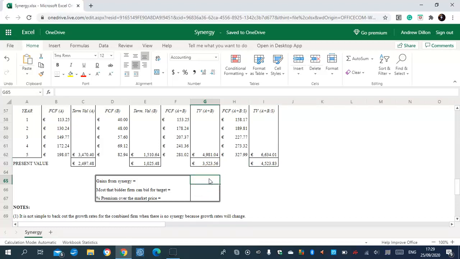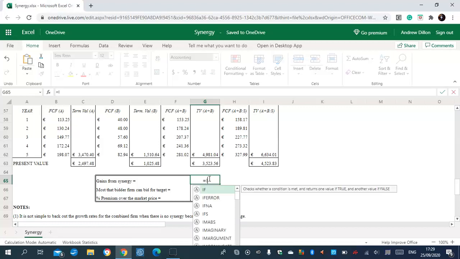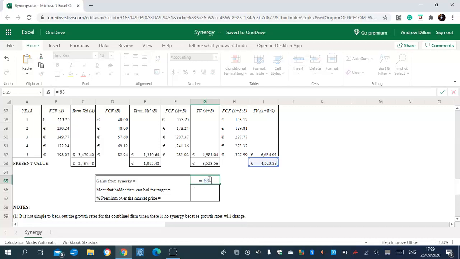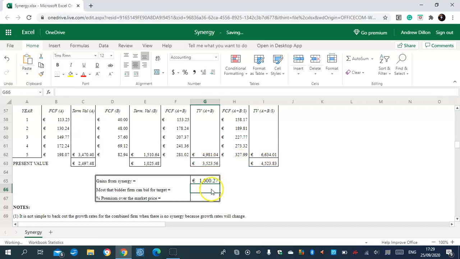So let's calculate the gains from Synergy. So this take away this. Okay, the most a bidder firm can bid per target.